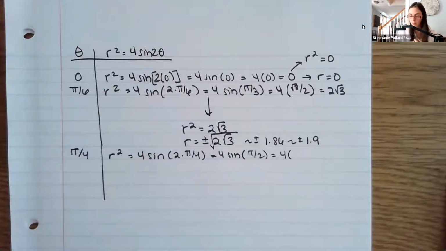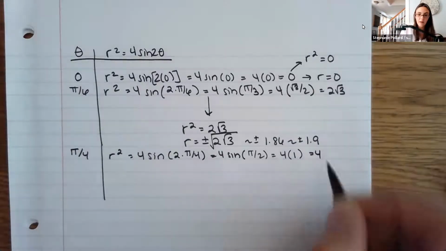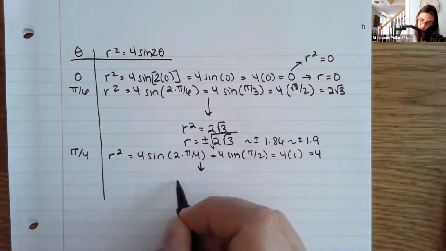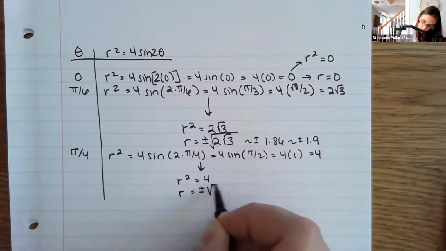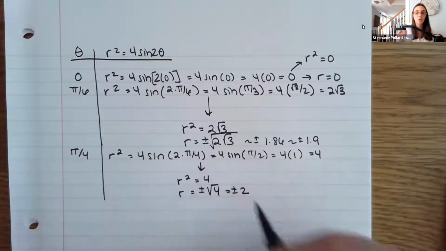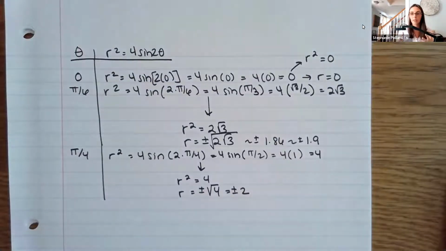And sine of pi over 2 is 1. So I have the value of 4 here. But again, don't forget, this is not r, it's r squared equals 4. So when I take the root, it's plus or minus the square root of 4, or plus or minus 2 on both sides. So you're actually getting 2 points for each of these, except for 0, 0.